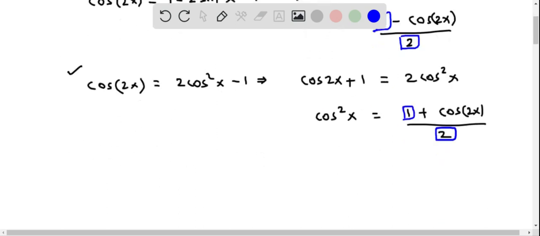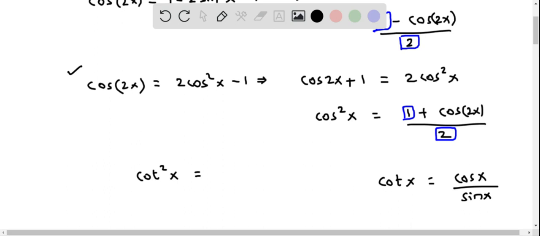Therefore, we can write cotangent squared x. Let's recall the cotangent x identity: cotangent x equals cosine x divided by sine x.